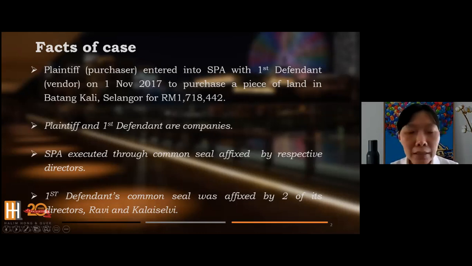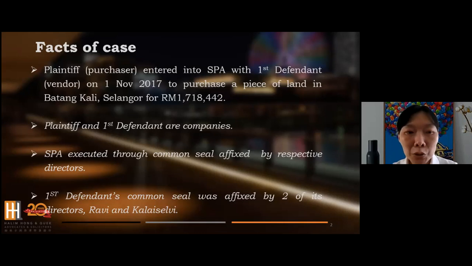Just now we stopped at: both the plaintiff and the first defendant entered into the sale and purchase agreement on 1st November 2017 to purchase a piece of land in Batang Kali, Selangor, for 1.7 million.